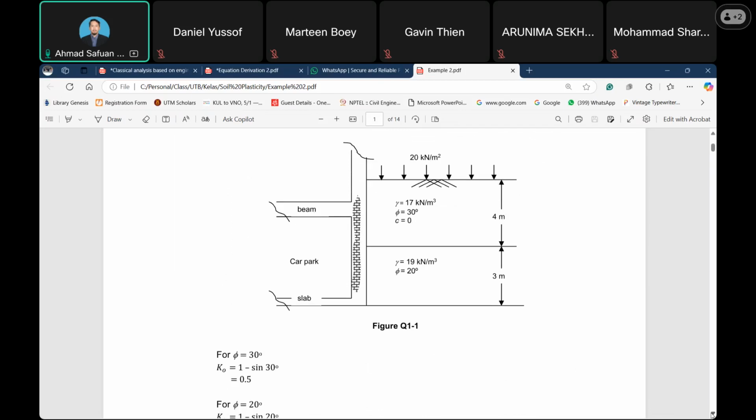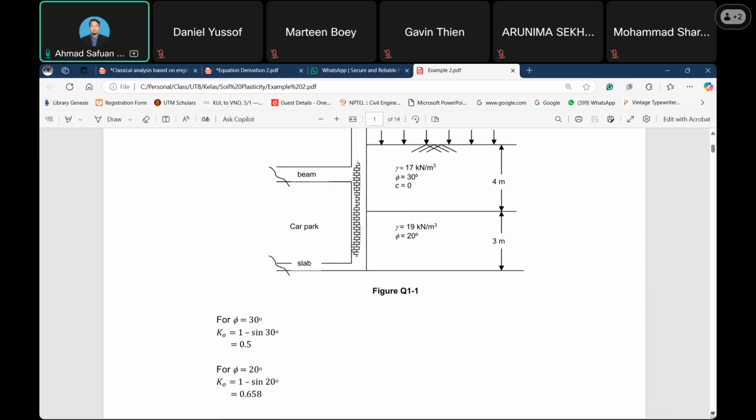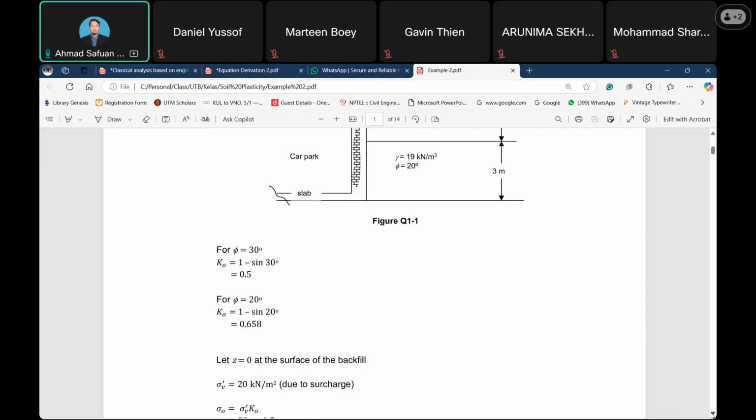So this is the soil properties, that is overburden 20 kilonewton per meter square. The first soil layer is 4 meter followed by 3 meter. The soil properties are shown in figure Q11 for the first and second layer of soil. So the first step is to determine the phi and followed by the K naught.